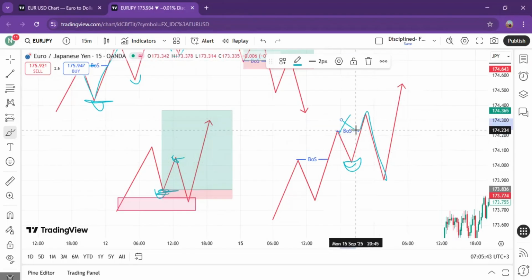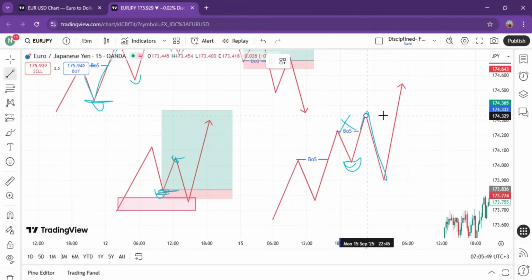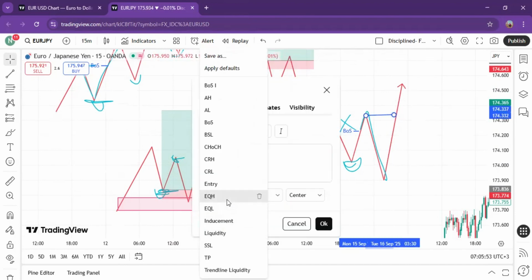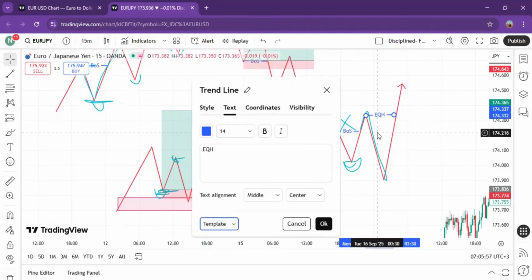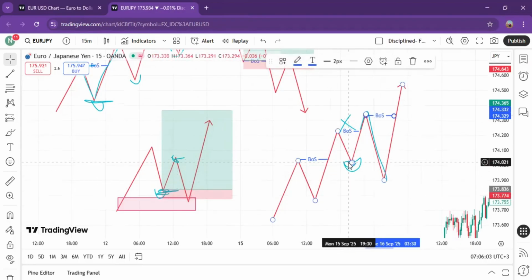So we do not have a valid break of structure at that point. The valid break of structure that you are going to be looking at is at this point here, because we usually look at the highest point and the lowest point in the market. So that is why we have a break of structure, because we have taken out this low here. So this is internal liquidity being taken out.